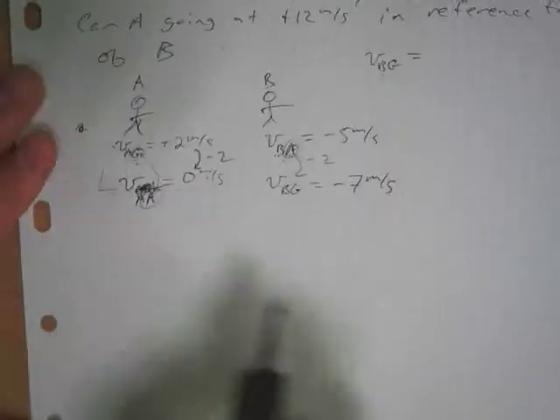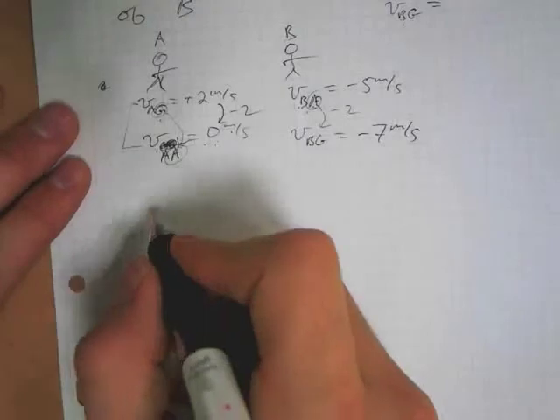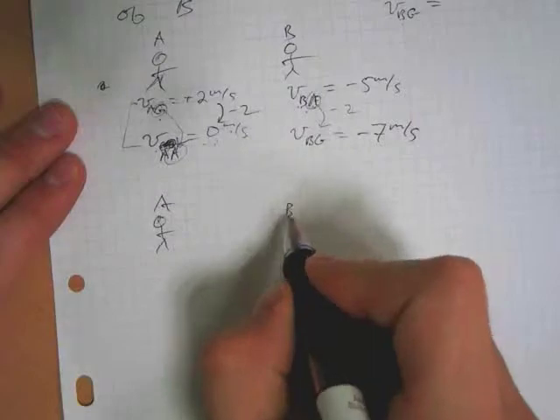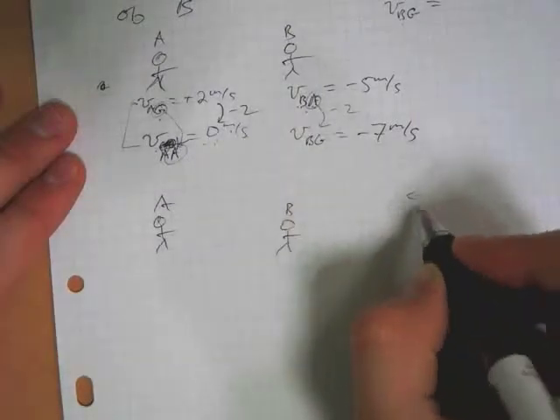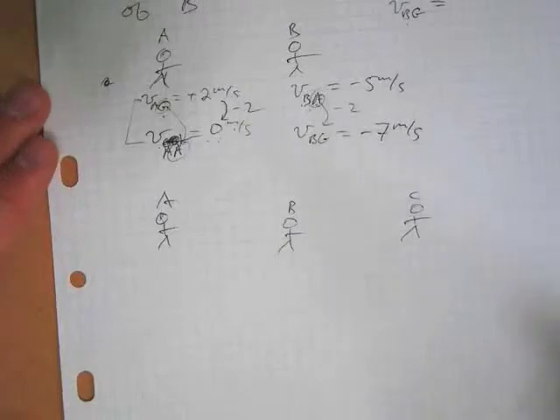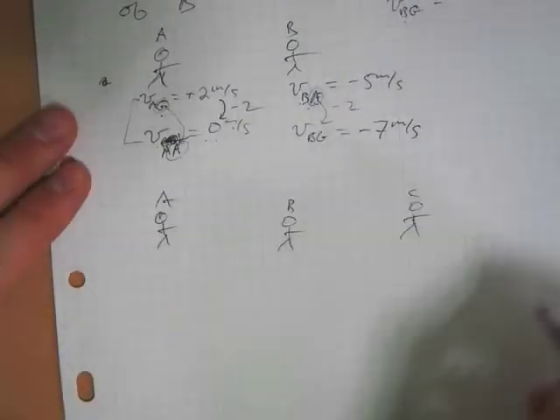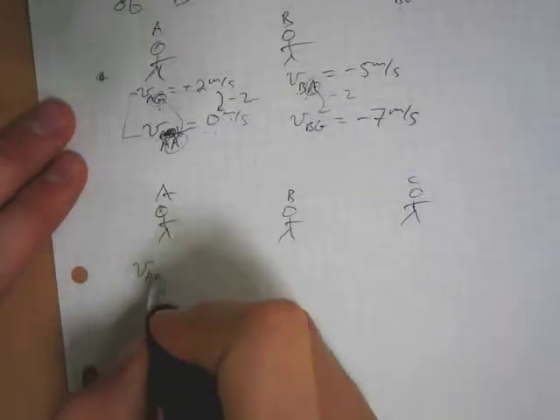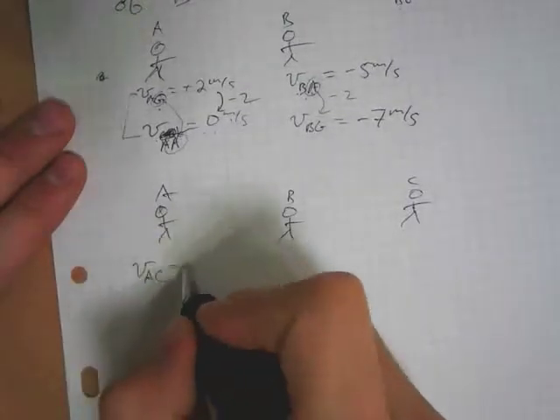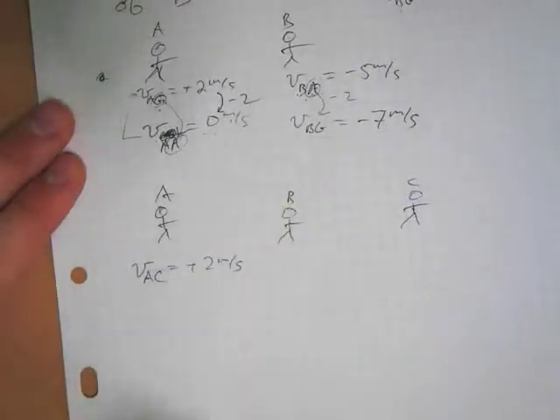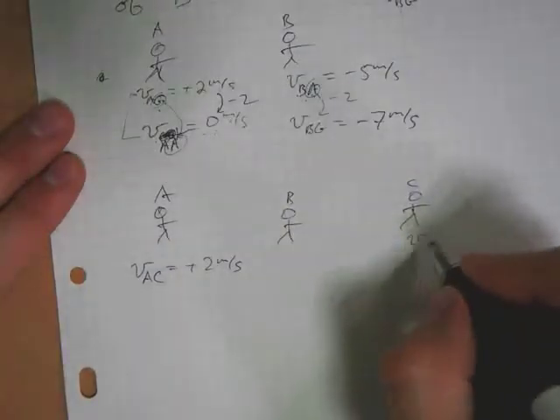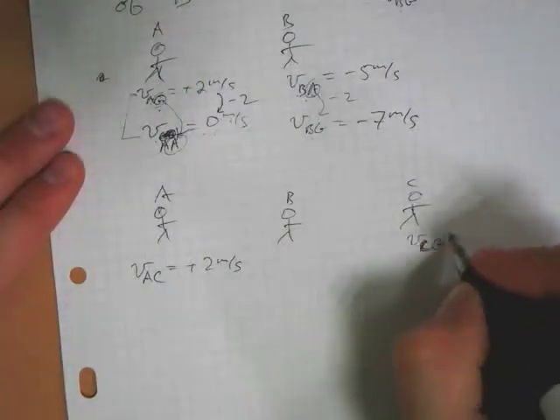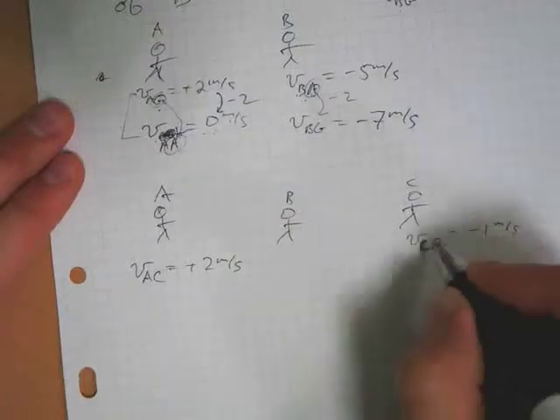Let's do another example here. Say you've got person A, person B, person C. These are beautiful people, I know. My artistic skills are unfathomably amazing. Let's say that person A is going at plus 2 meters per second relative to person C. Let's say that person C is going at minus 1 meters per second relative to the ground.